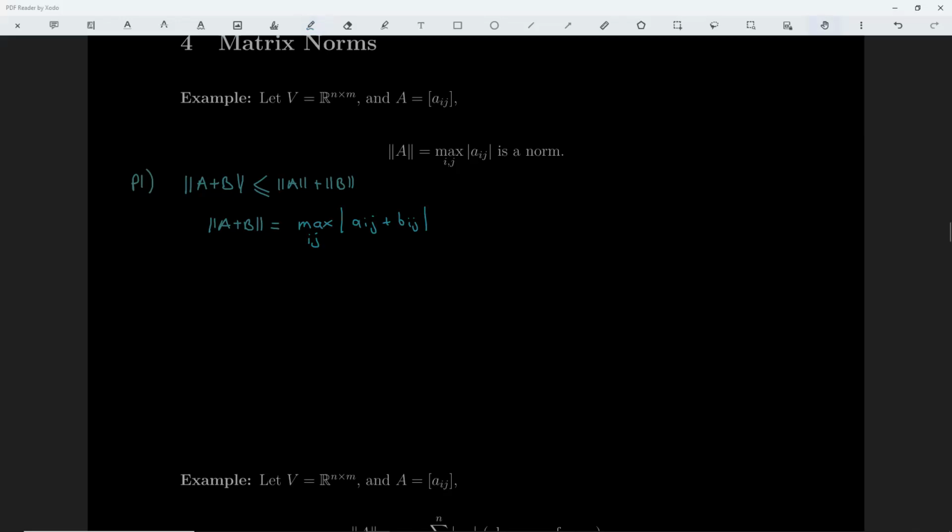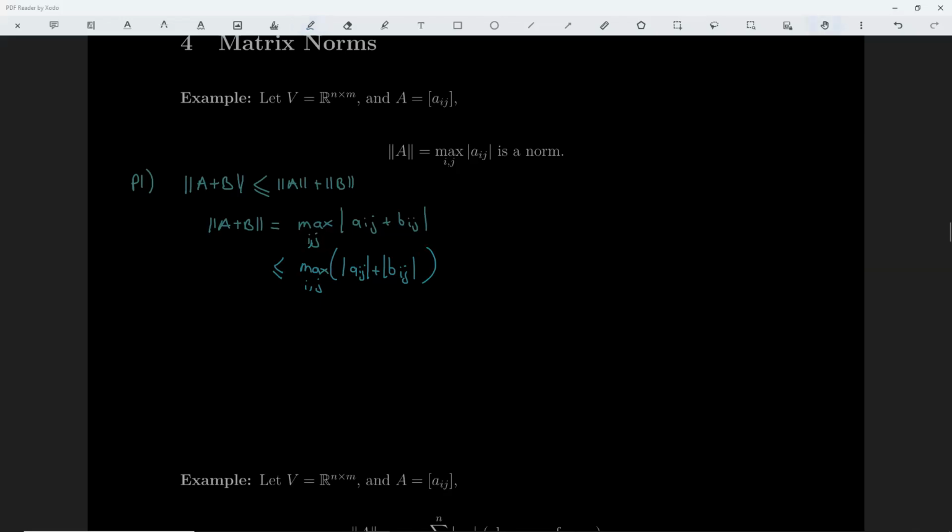And by using the definition of the absolute value function, I can say that this is less than or equal to the maximum value of the individual terms over here, Aij plus Bij. So I compute the max over there.